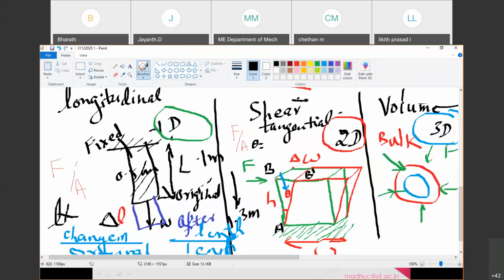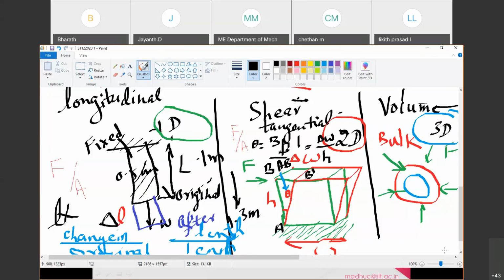If I call the change delta W, or BB dash, by AB, then theta is equal to delta W by H, where H is the height. So I can write this as BB dash by AB, which is nothing but delta W by H. That is shearing strain, defined in this form.